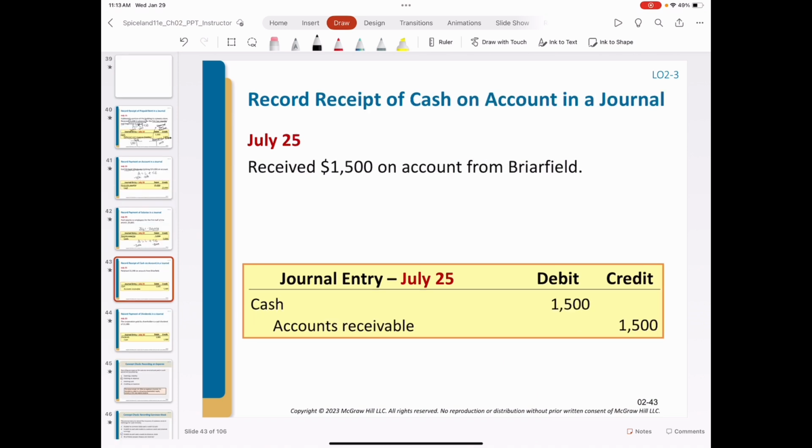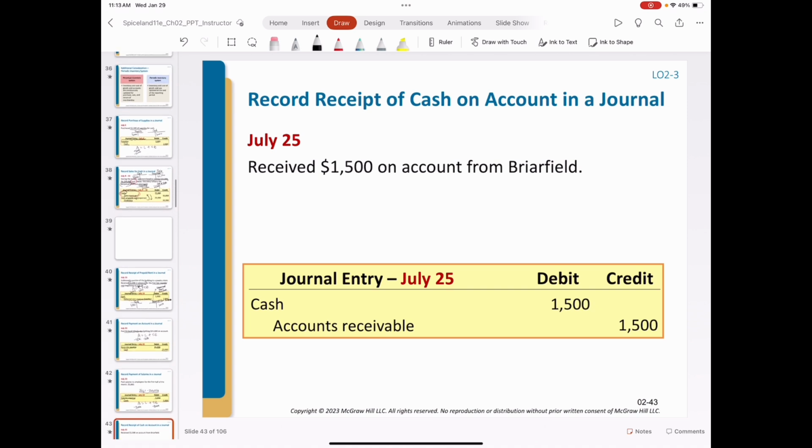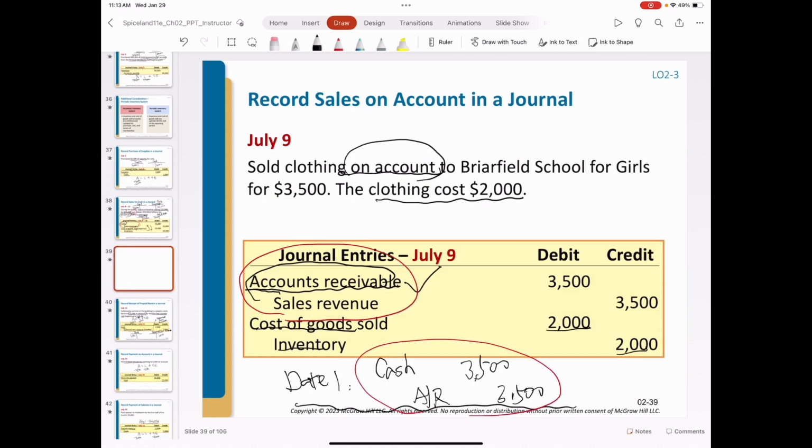Next, received $1,500 on account from a customer regarding a purchase earlier this month. This transaction is related to the transaction on July 9th. Remember, on July 9th, the company recognized revenue $3,500 and recorded an accounts receivable because this is sales on account.